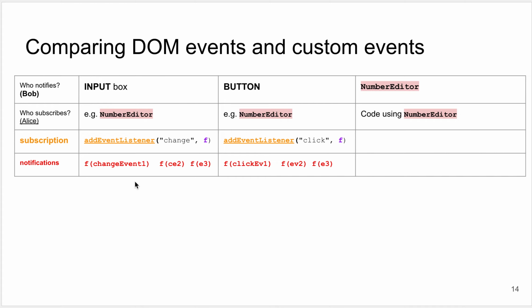Let us compare our DOM events with the custom events. In the DOM event, the input box used by, for example, the number editor will get a change event listener, will get this function, then it will call it with change events as parameters. The button event, a similar situation, gets for click events this callback, and then it invokes it to notify with click events.